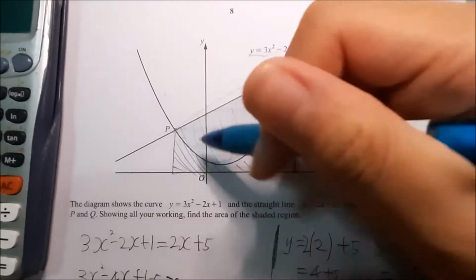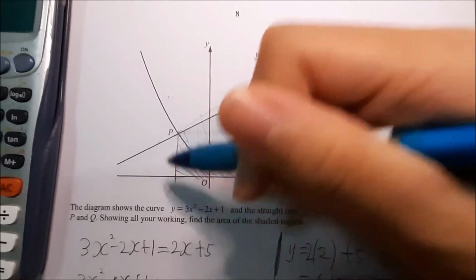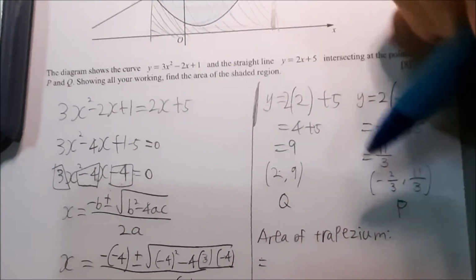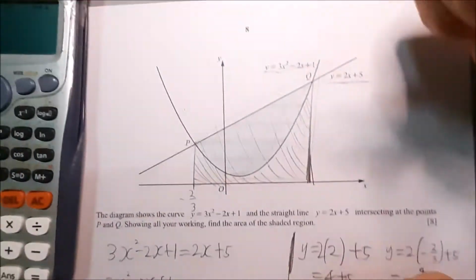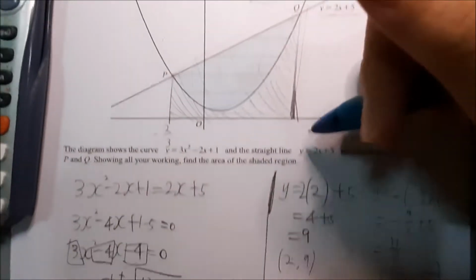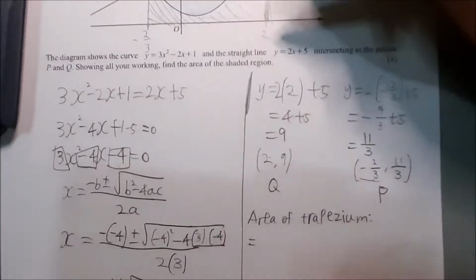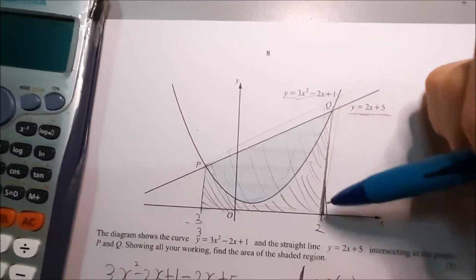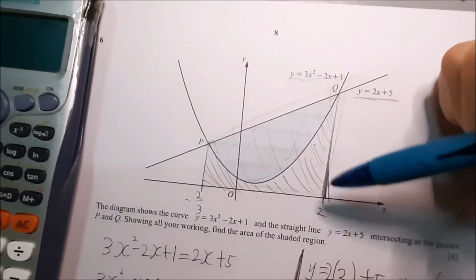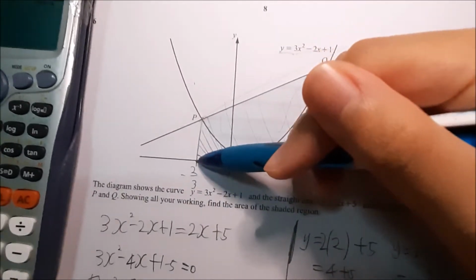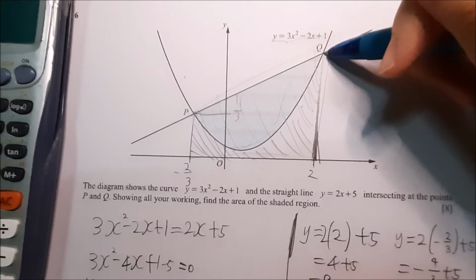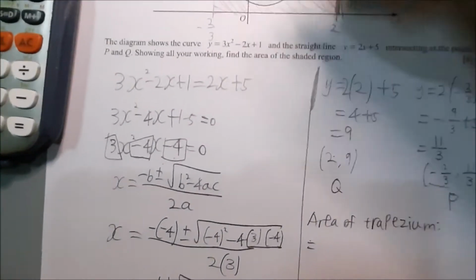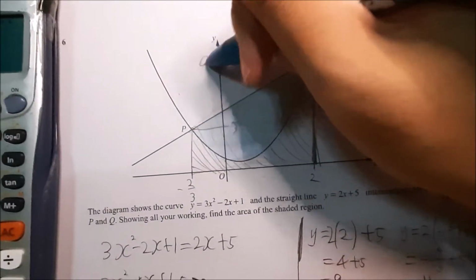firstly, P is minus 2 over 3, and Q is 2. So always label your graphs like this, because it will be easier to understand. The top part is 11 over 3, and at Q it is 9.